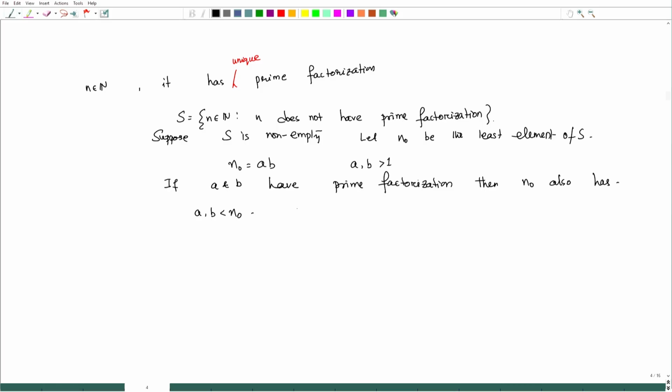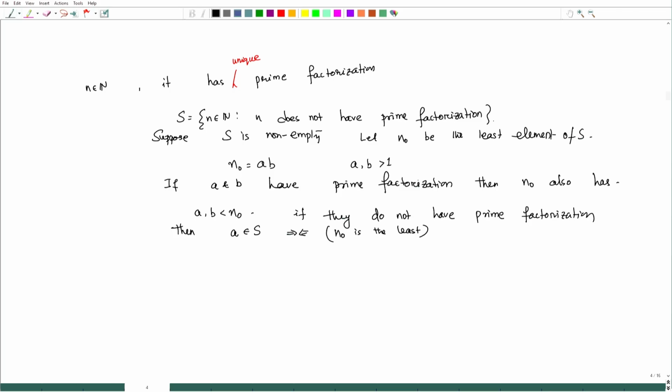So, if they do not have prime factorization, then a belongs to S, which is a contradiction, as n naught is the least. So, now every integer will have a prime factorization. This is the proof which we are all aware of.